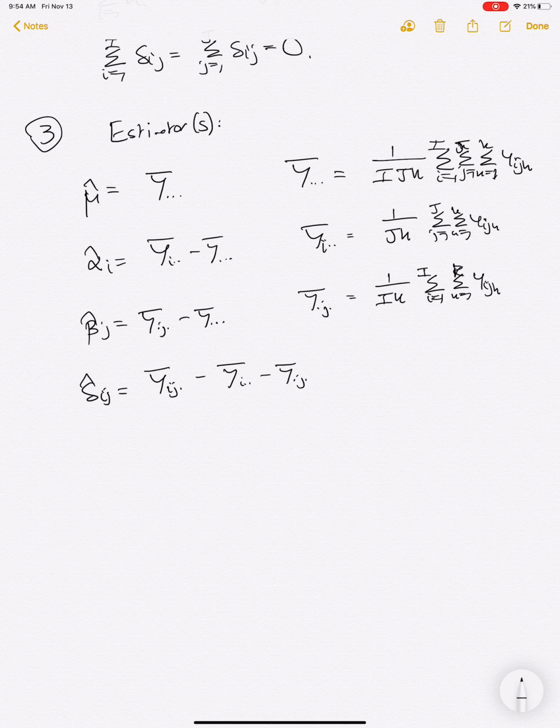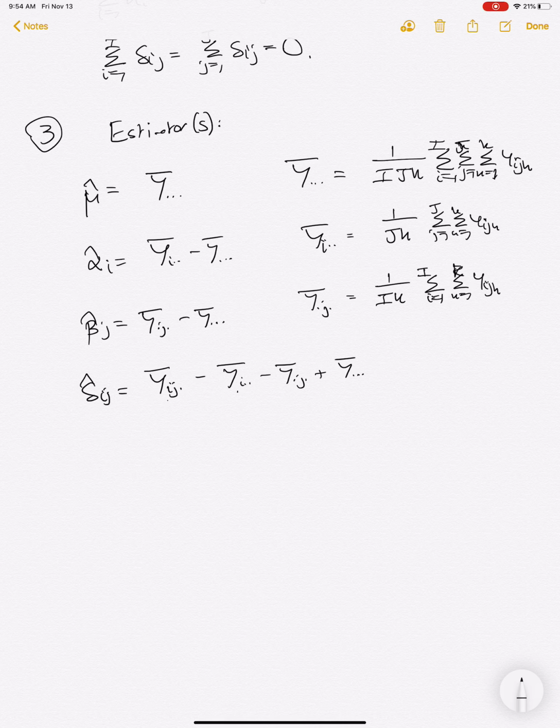And then to make everything add up, the way to think about it is that there's an overall mean associated with y bar ij dot in there. Then you subtract off an overall mean in the y bar i dot dot, and then you subtract off another in the j factor, and then you need to add that back.